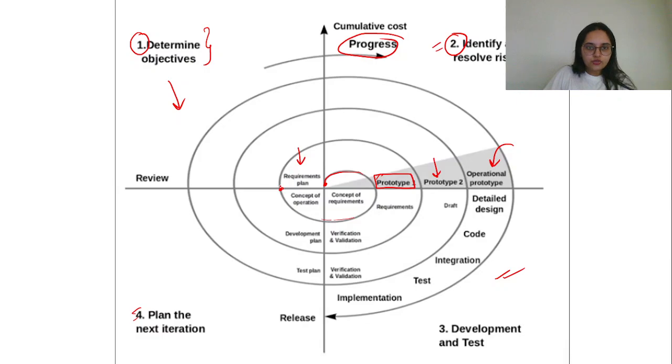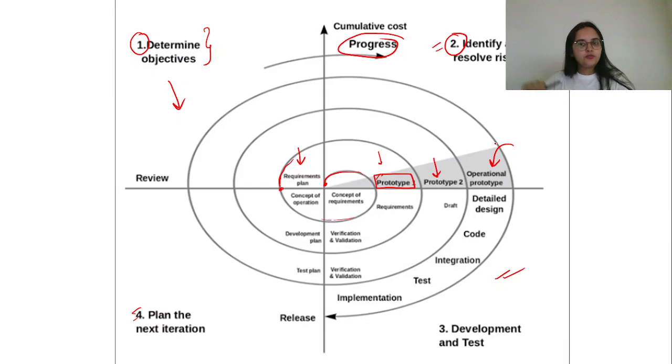As soon as the next spiral starts, obviously a more high level progress is being done. After each spiral, more and more progress is made in the software. In the first phase we have prototype 1, next a better, more refined prototype, and then we have the operational prototype.